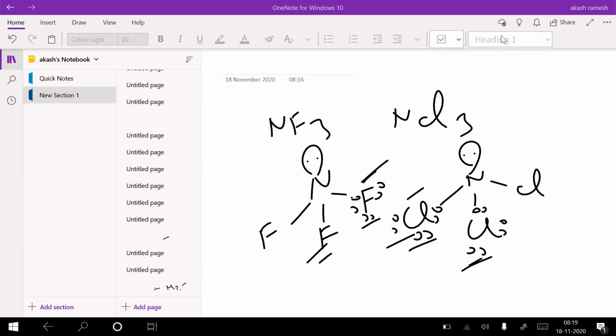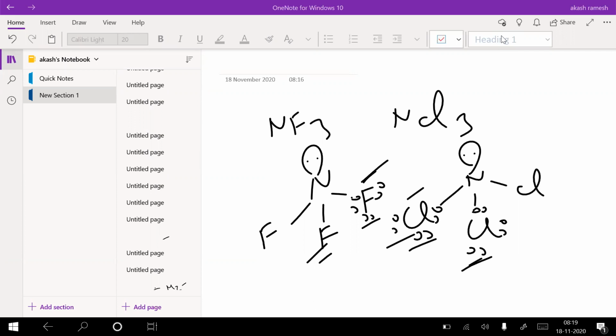That interaction I'm talking about. What about others? Maybe it might be just a guess. Have I ever asked you to give me the explanation? It's just a guess. Just type it here: F or Cl, which will have higher.